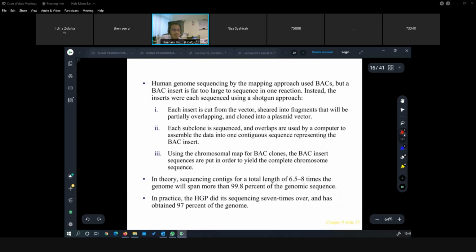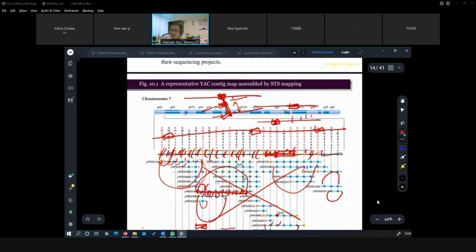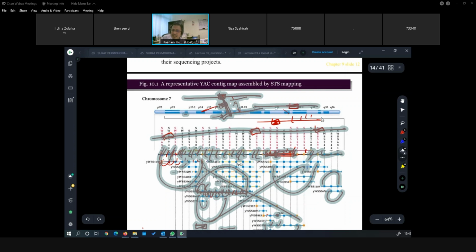So, Doctor, how did scientists actually find all those markers? Were they all doing trial and error? More or less, the concept is yes. The question is how do scientists determine the markers before we start to do the sequencing? You have to remember this happened over a long period of time.